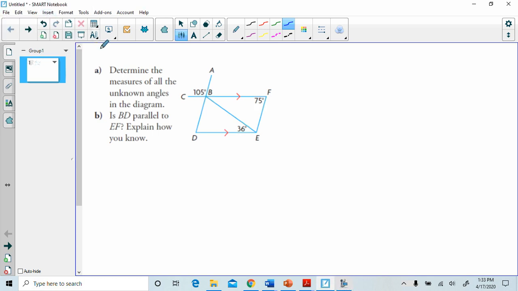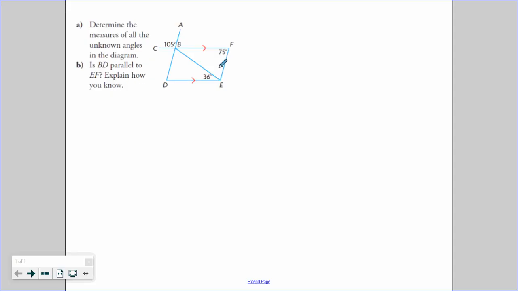This topic will be about how to find unknown angles when dealing with transversals intersecting parallel lines. So the question that we're looking at here is asking us to find all the unknown angles in here, and then, is this line here, BD, parallel to EF?